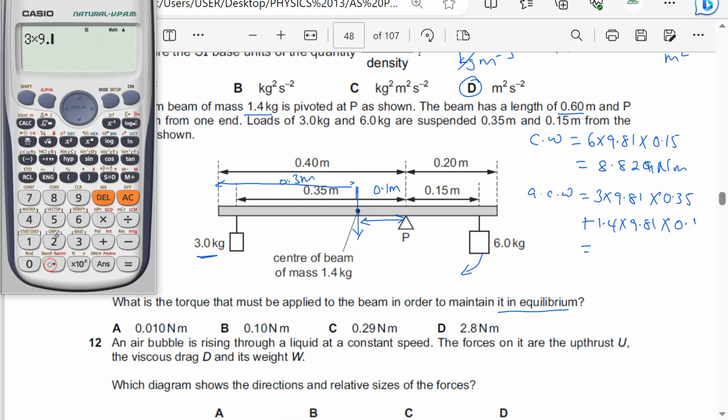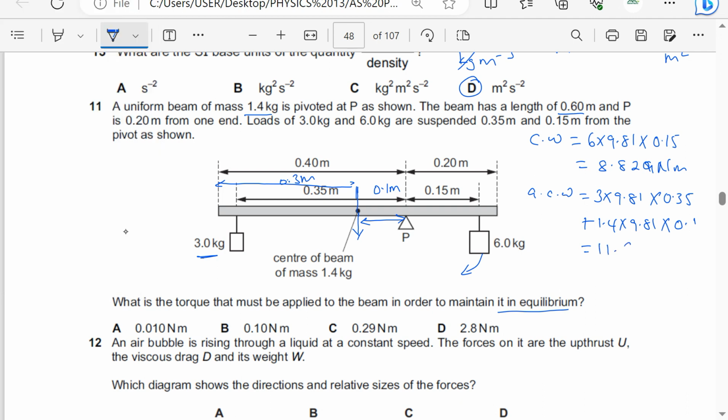3 times 9.81 times 0.35 plus 1.4 times 9.81 times 0.1. So that is 11.6739 Newton meters. So the difference will be the resultant, the torque which is needed to maintain equilibrium.